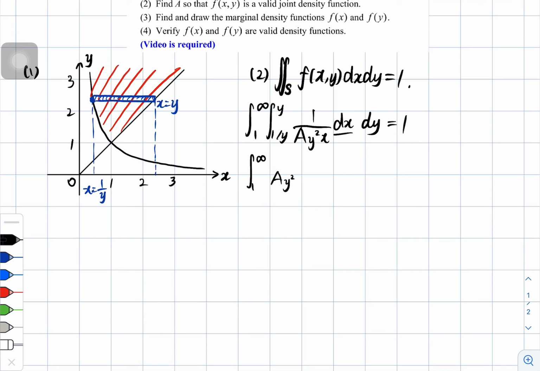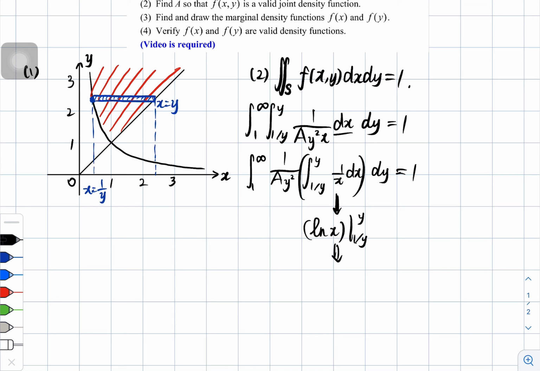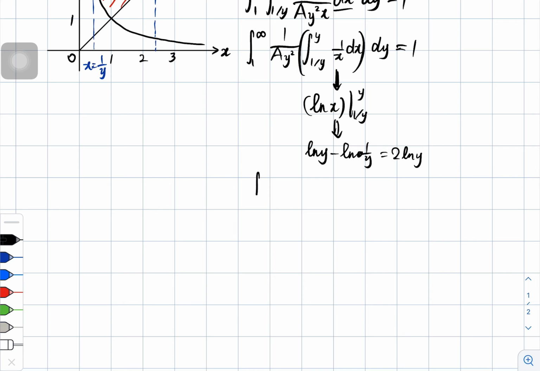First we consider dx, so dy can be taken out. This is ln x from 1 over y to y, and ln y minus ln 1 over y is 2 ln y. So the integral from 1 to infinity of a over y squared times 2 ln y dy equals 1.